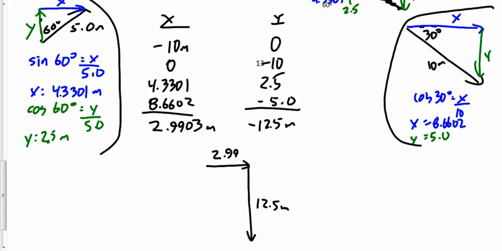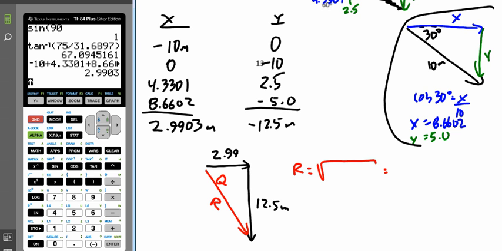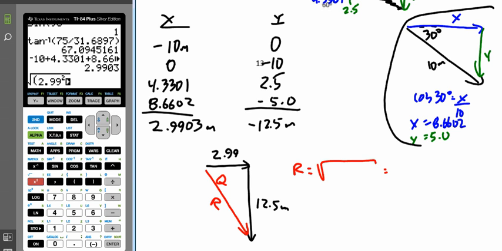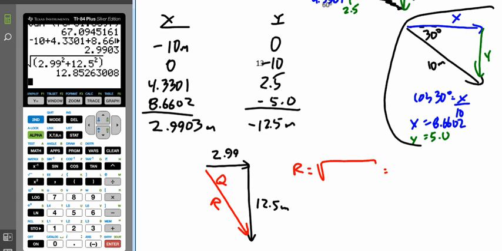Our resultant vector is right here. The resultant vector is the square root of 2.99 squared plus 12.5 squared, 12.9, 13.